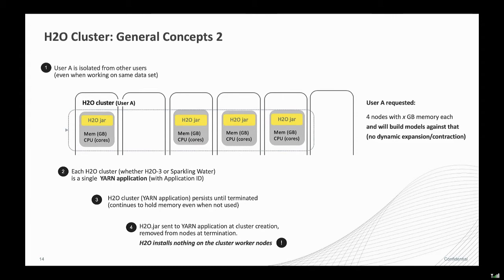Another really important thing is that you see this H2O jar on all these worker nodes. That's not installed there. That's just pushed from the client to the Yarn application. And when the Yarn application is terminated, they disappear. So one very important message about the architecture of H2O is that nothing is installed on the Hadoop cluster. It's completely an edge node client. If there's a new version of H2O, you're not touching your Hadoop cluster, you're just touching that client.